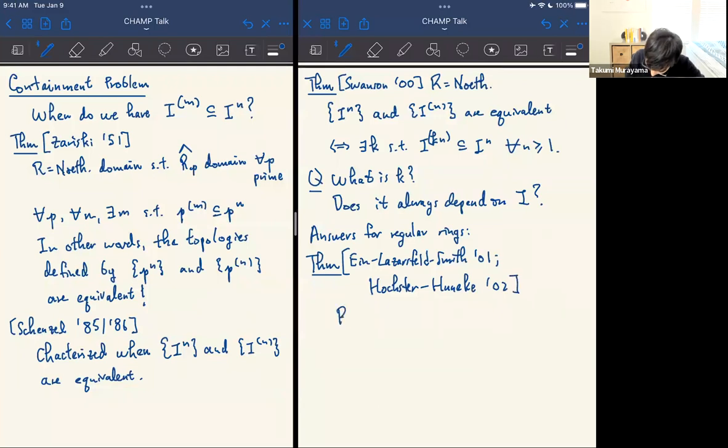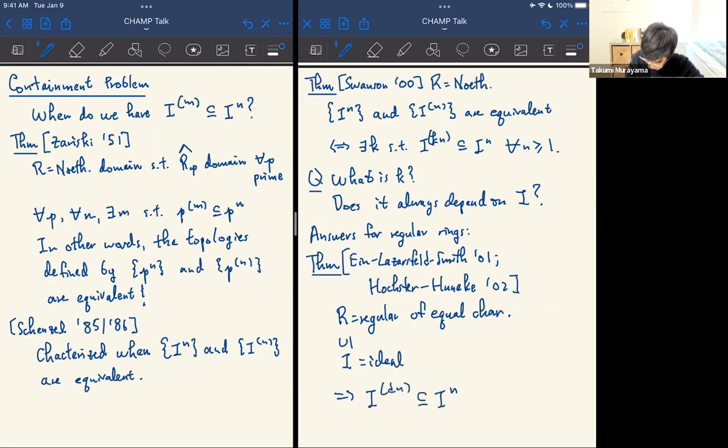So if R is regular and of equal characteristic, and I is an ideal inside of it, then we have that the dnth symbolic power of I is always contained in I to the n for all n. Where here, d is the dimension of R. Okay. Are there any questions about their theorem?